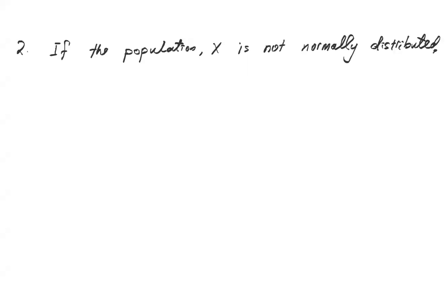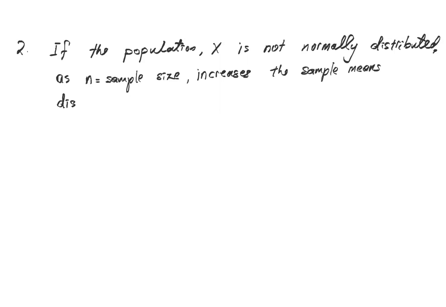If the population X is not normally distributed, as n, that is the sample size, increases, the sample mean distribution will approach, A-P-P-R-O-A-C-H, approach normal distribution.